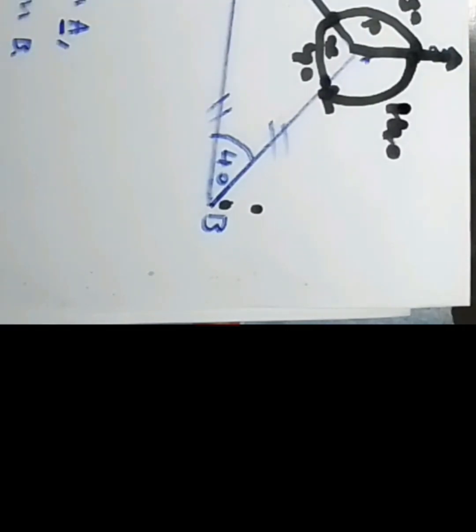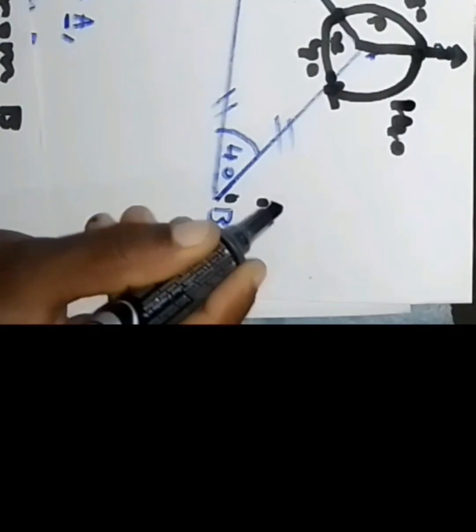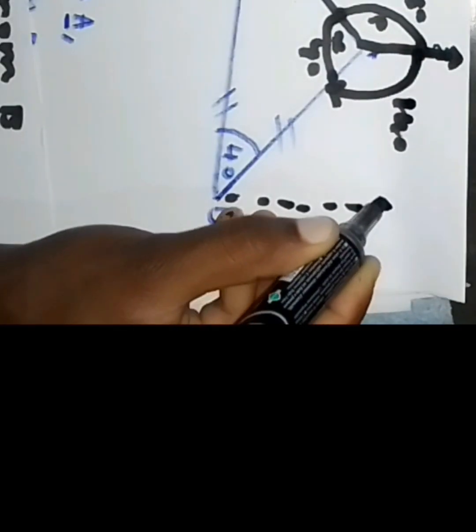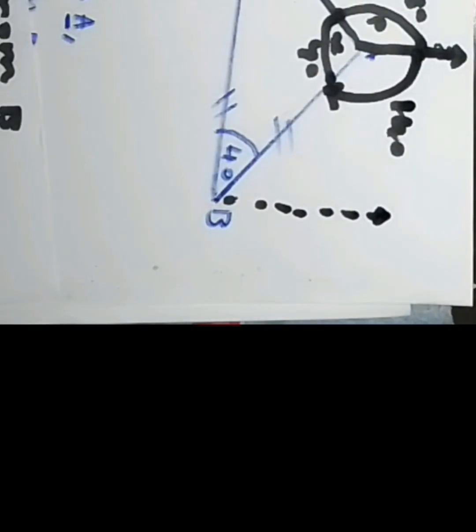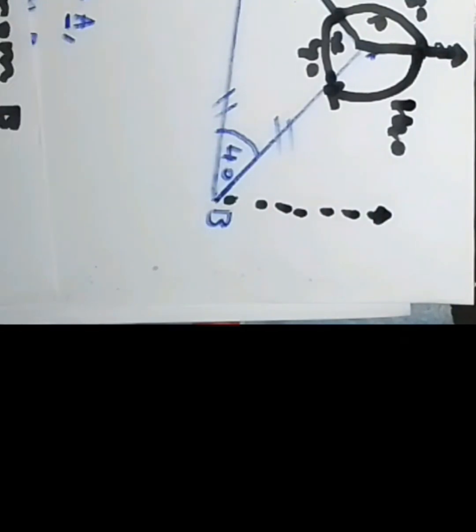Question B says find the bearing of O from B. We go where it says from, where B is, and draw an imaginary line. We identify the path given: because this is the right path, it is called the due right movement.